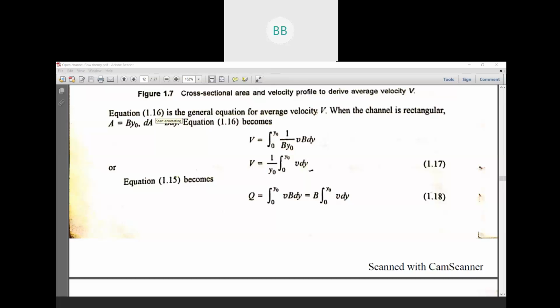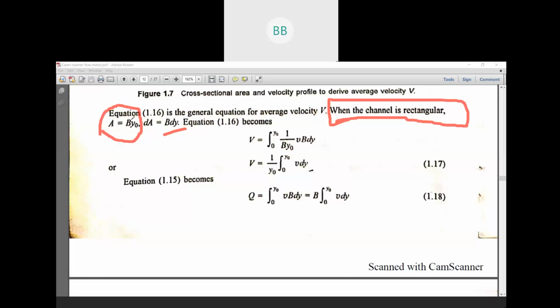Again we take the example of a rectangular channel. The total area will be B into y naught, where y naught is the maximum depth of flow. The small elementary area will be B into dy, where dy is the depth of flow for that selected small area, and y naught is the maximum depth of flow for the whole cross section.